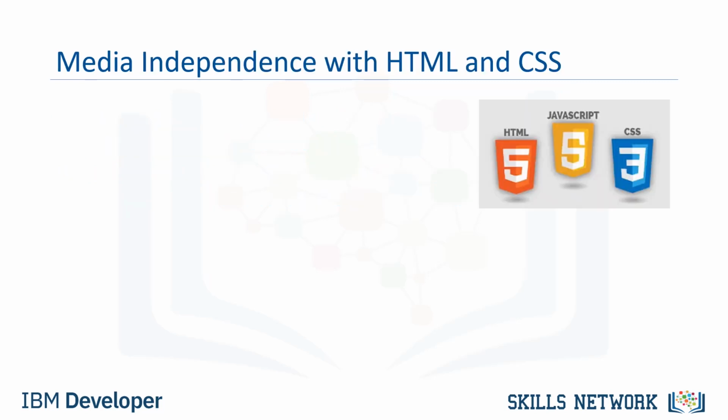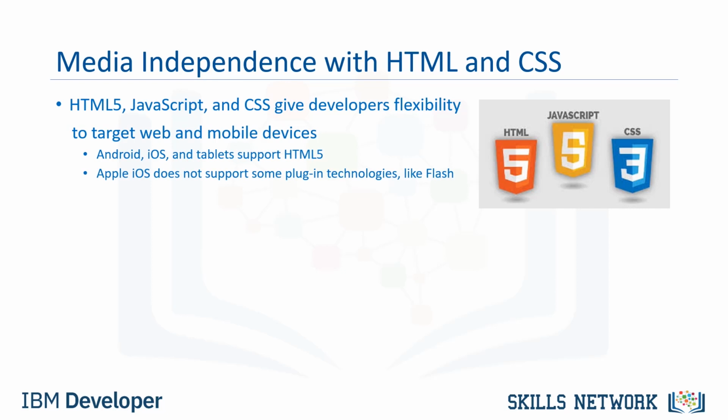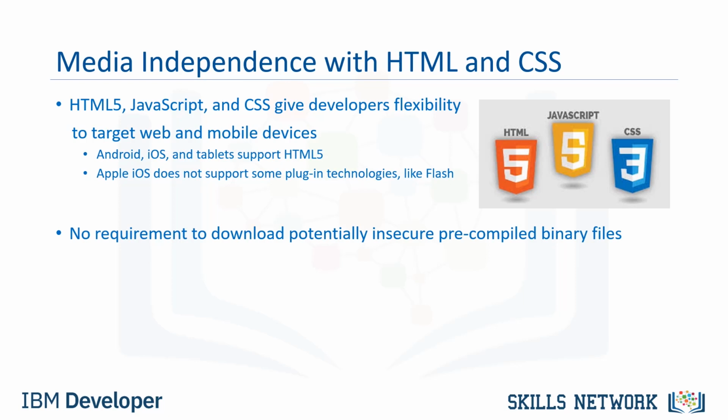By using a combination of HTML5, JavaScript, and cascading style sheets, developers can create web pages that can be displayed on desktop computers and mobile devices. These technologies have powerful features that can be used to show rich interactive applications without requiring plug-in technologies like the Flash Media Player.